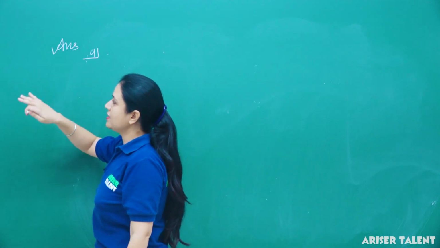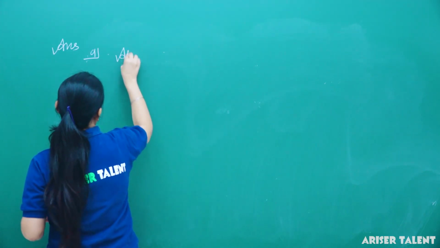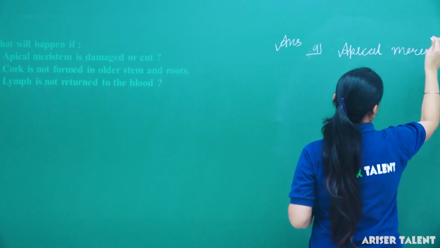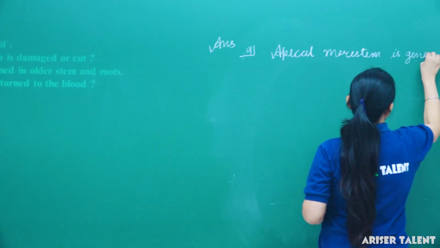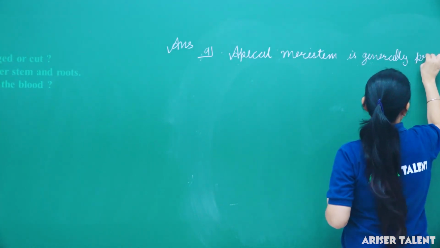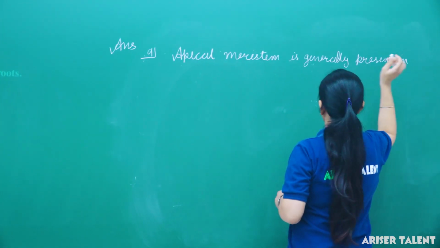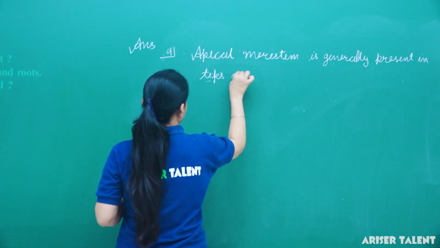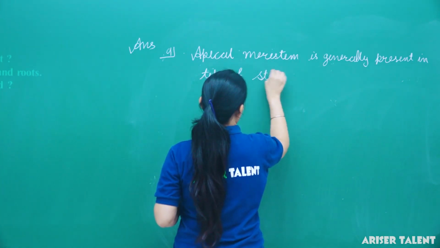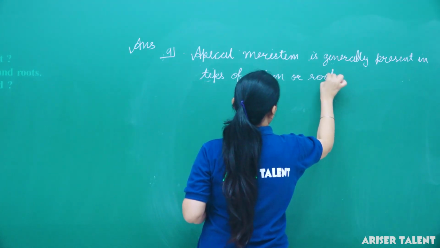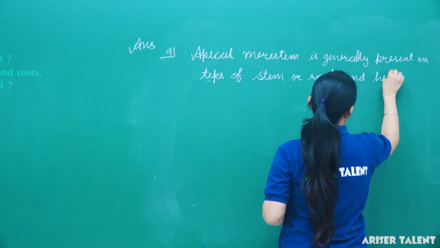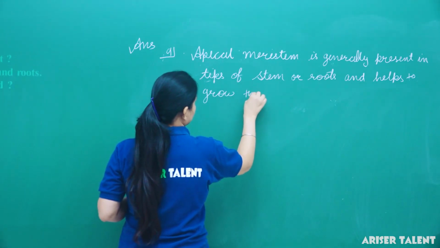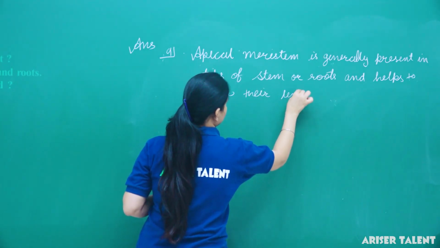A. So here we go with the answer. Apical meristem, as we all know, is generally present in the tips of stem or roots and helps to grow their length.